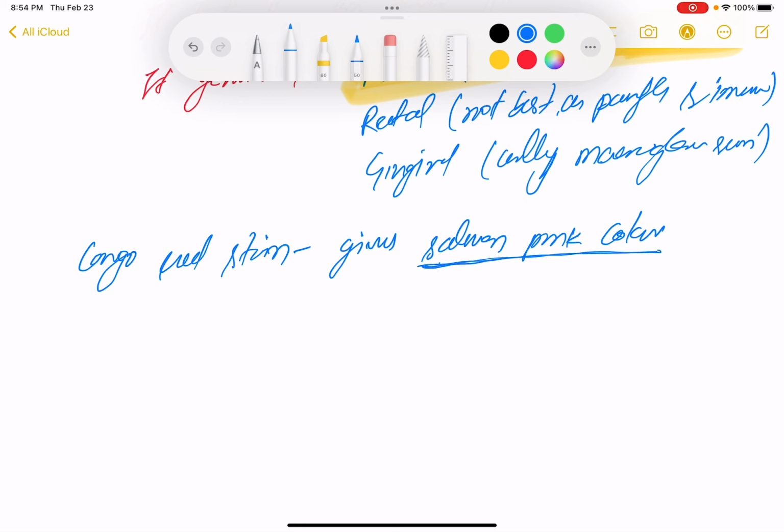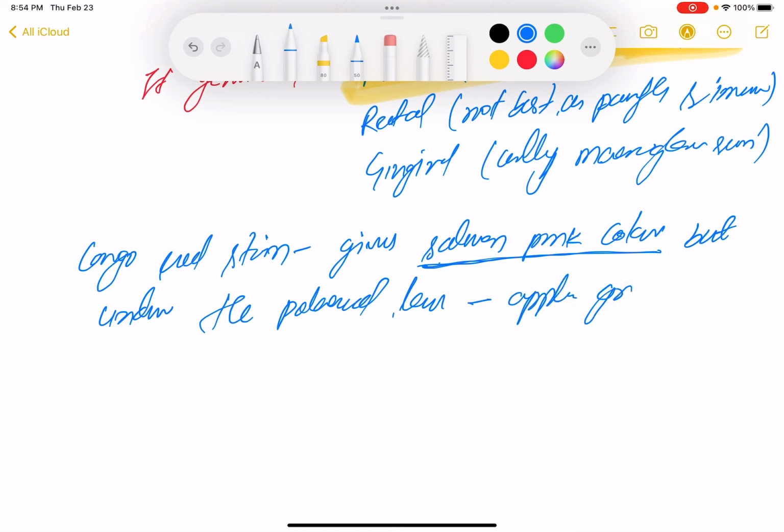But if you see it under the polarized lens, there will be apple green birefringence seen. So we will do Congo red stain.